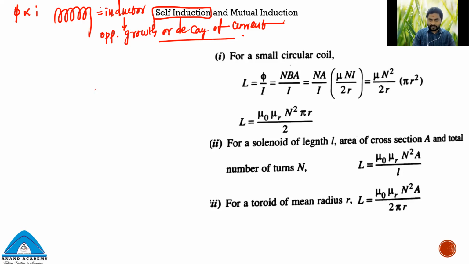What is this self-induction, my dear students? Self-induction is that N phi is equal to L i. L is called the coefficient of self-induction or self-inductance. So L is equal to N phi divided by I, and E is equal to L into di by dt.